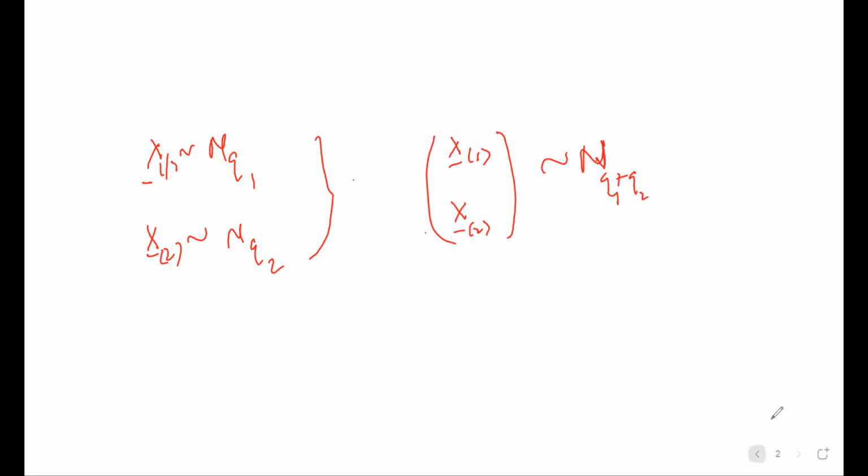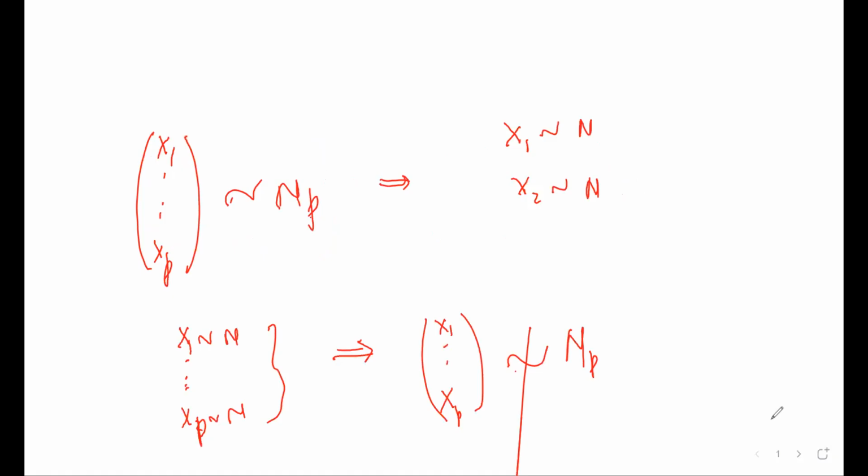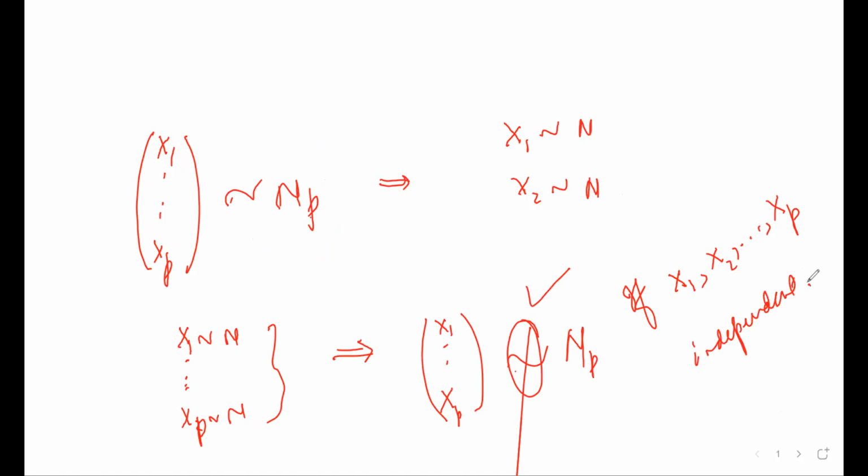Even here in the first one also, we can do this, and this becomes multivariate normal if that condition is there, if all the x's are independent, right? If these are independent, then we can put them together and create a multivariate normal vector, right?